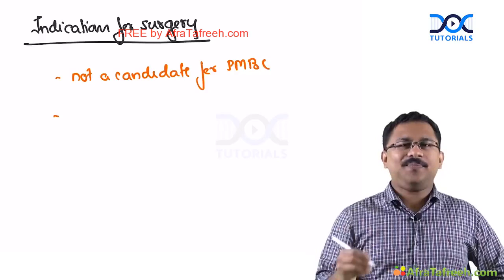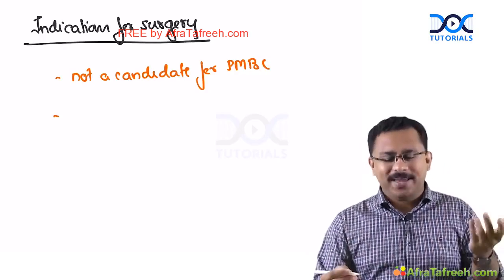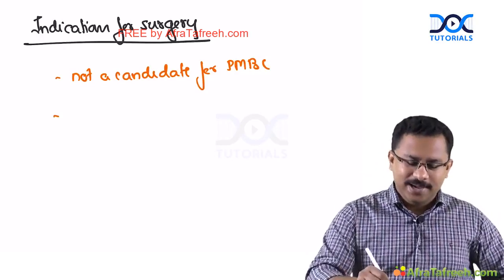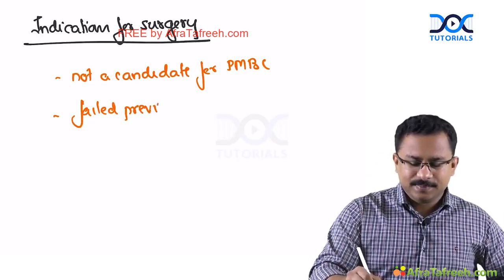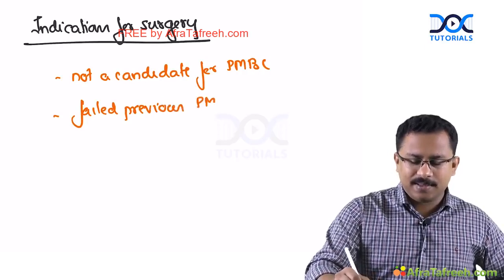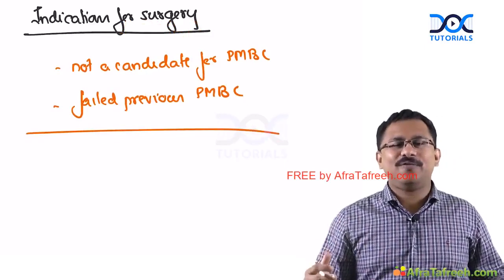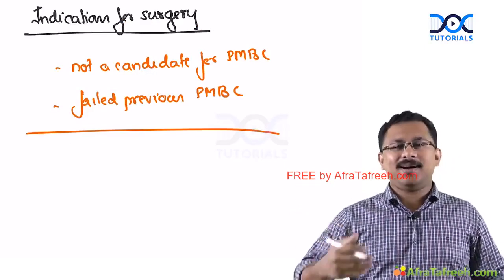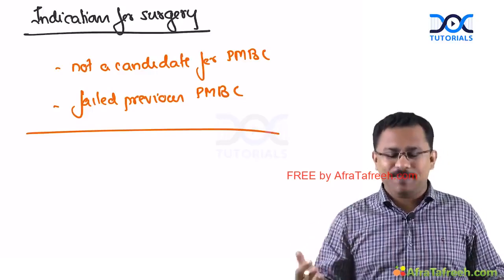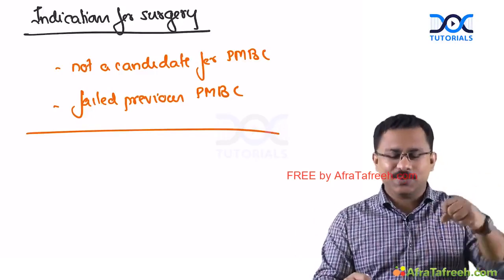And if the individual has already undergone a PMBC and it has failed, a failed previous PMBC. In these scenarios, you can go for a mitral valve surgery, which can be a repair, a commissurotomy, or a valve replacement, depending on the indications. I hope this part is also clear.